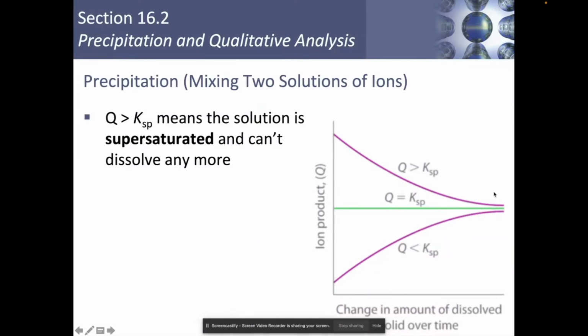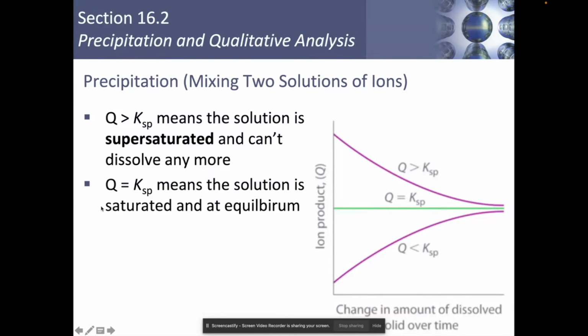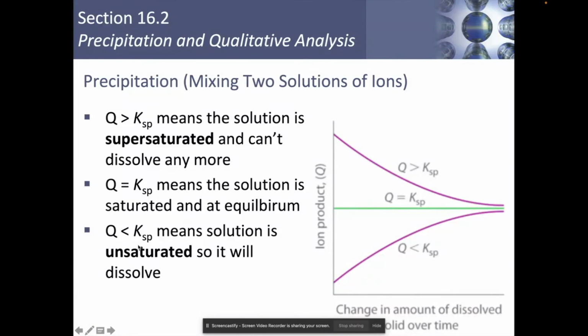So that would be representative of this kind of curving line here. If Q is equal to Ksp, that means the solution is saturated and it is at equilibrium. So that would be this line right here. Now, if Q is less than the Ksp, that means the solution is unsaturated and so it will dissolve. And so that would represent this line here.